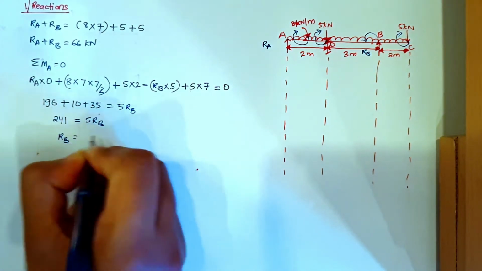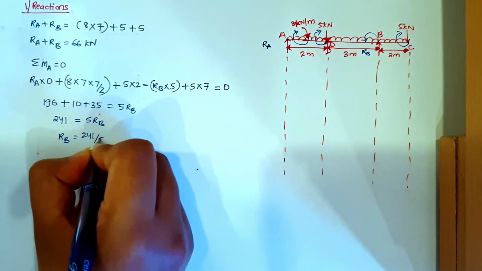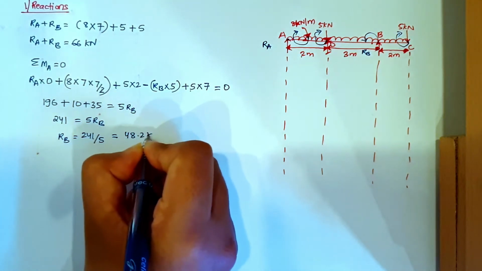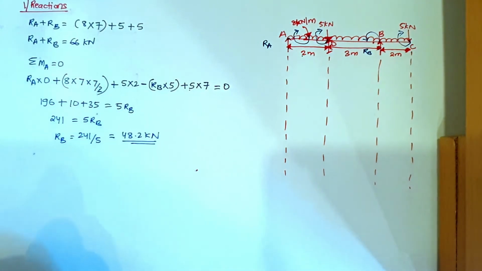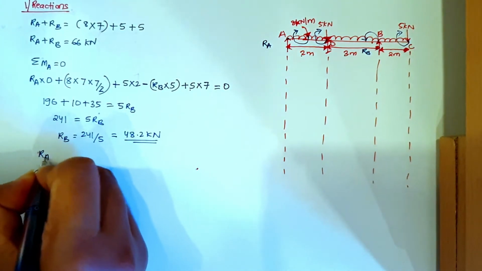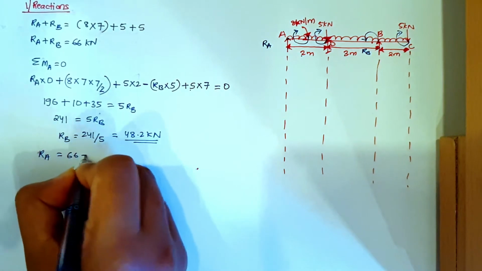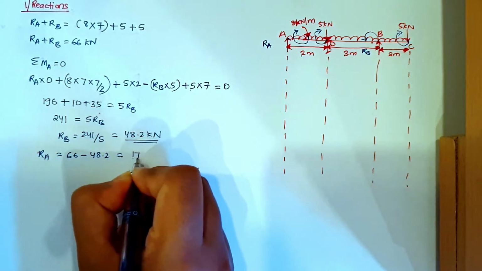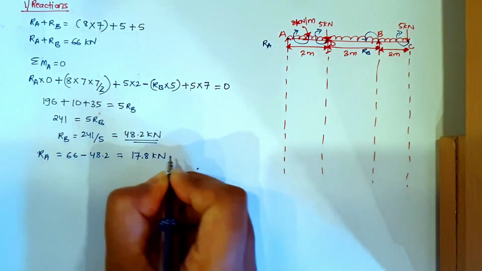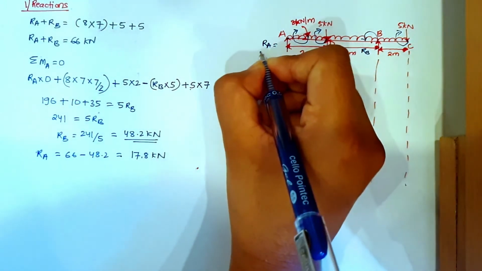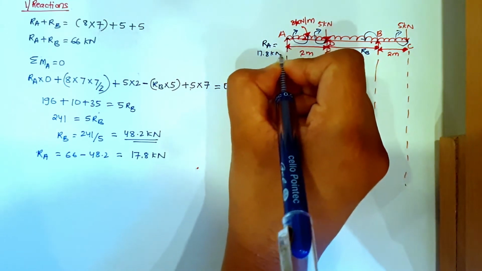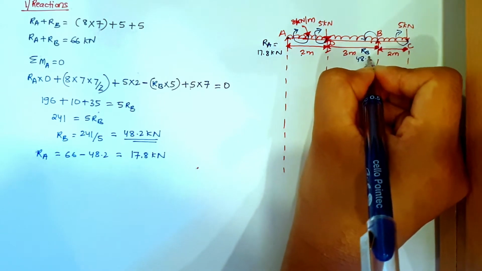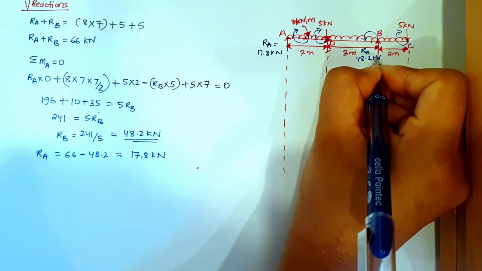So RB will be equal to 241 divided by 5, which is 48.2 kilonewton. Now RA will be equal to 66 minus 48.2, which is 17.8 kilonewton. So we have RA equals 17.8 kilonewton, RB equals 48.2 kilonewton.